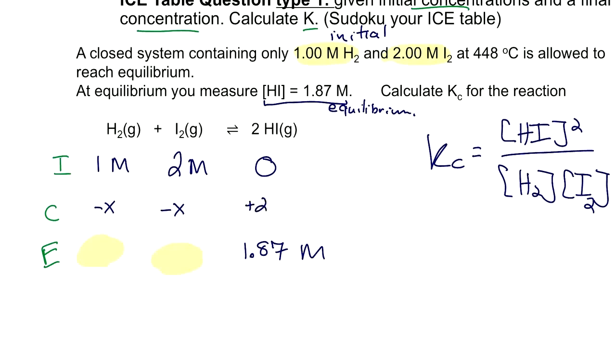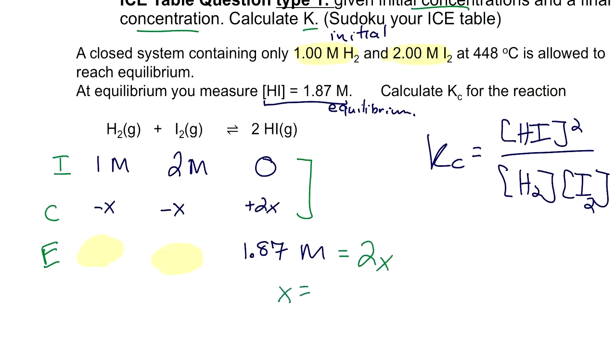Plus 2x. Do you see something that helps us determine x? We see that HI is changing by a 2x amount. So 1.87 molarity is equal to 2x. This allows me to solve for x.